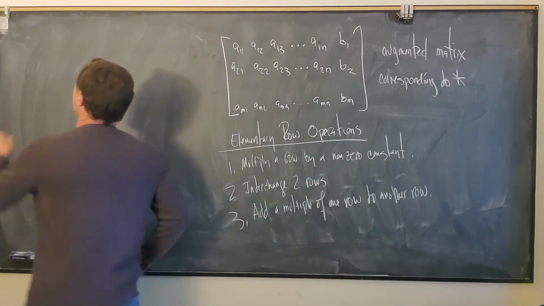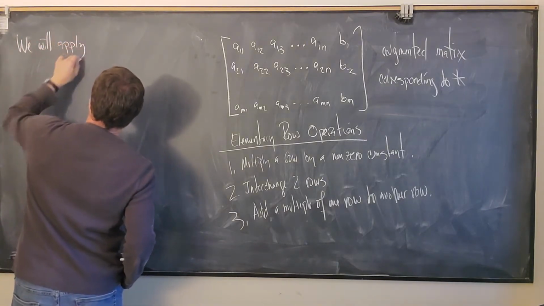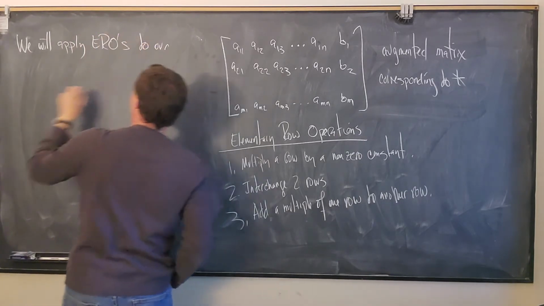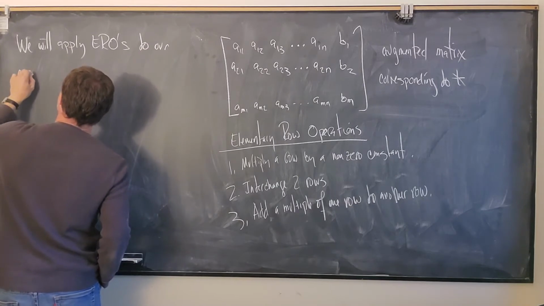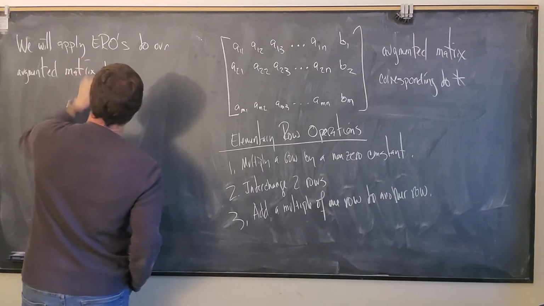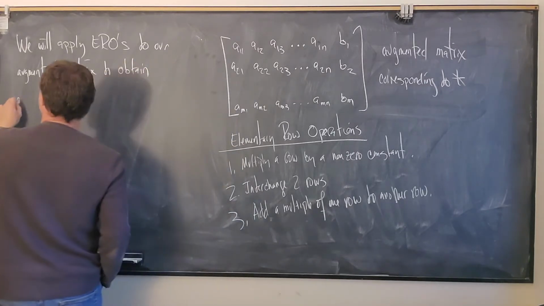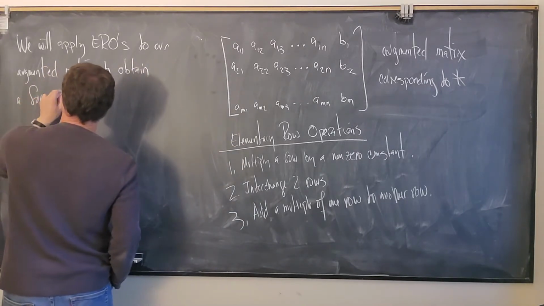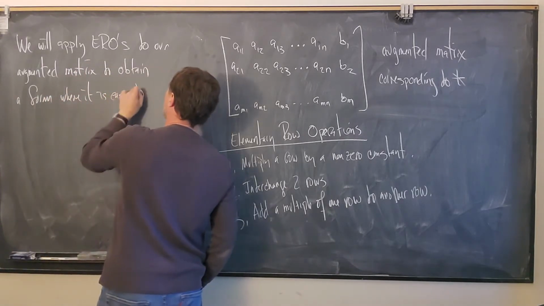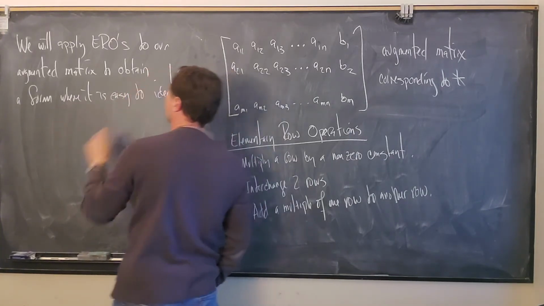So I'm going to say that we will apply elementary row operations to our augmented matrix to obtain a form where it is easy to identify the solution set.